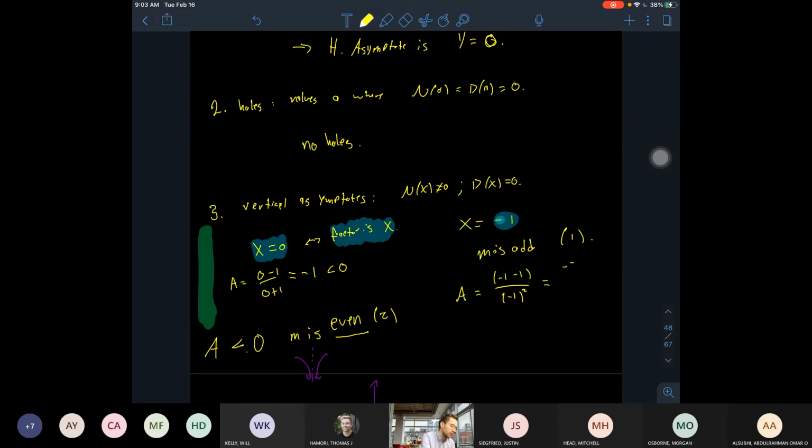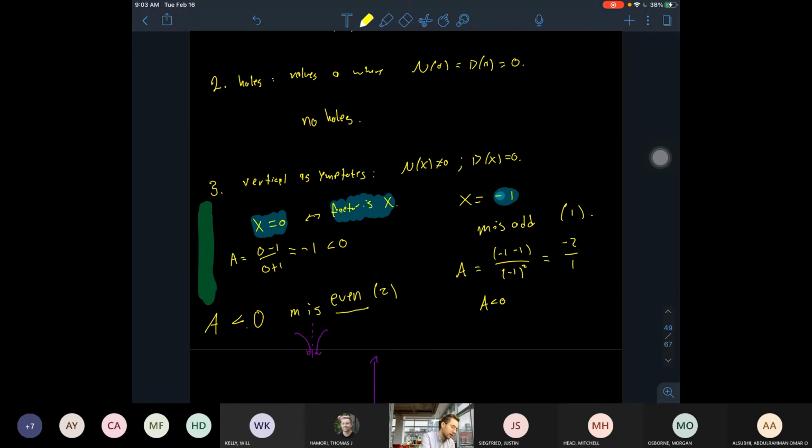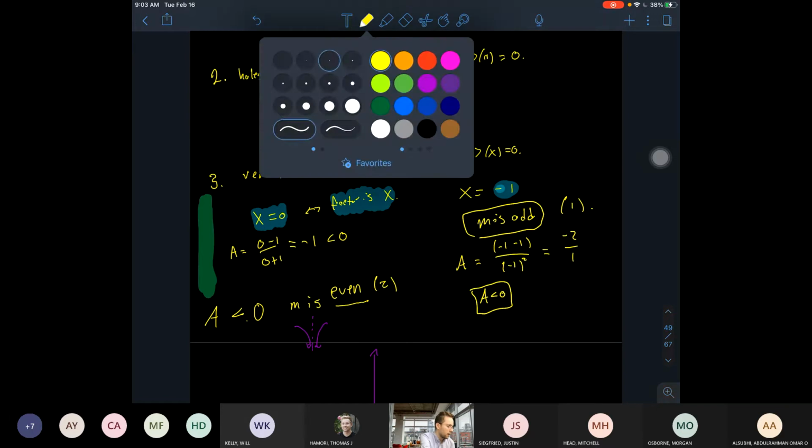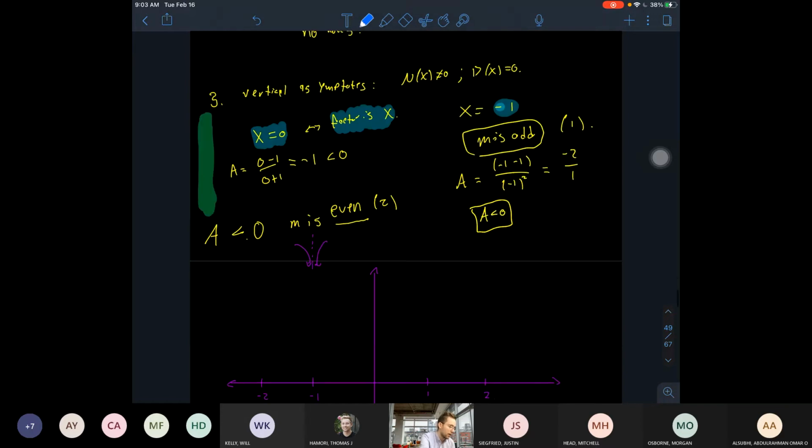So I get -2 on top, and in the denominator I get 1. So I have a is less than 0, and m is odd. And that's going to be our blue behavior, where we're going down. No, that's not right. We're going up on the left side and down on the right side.